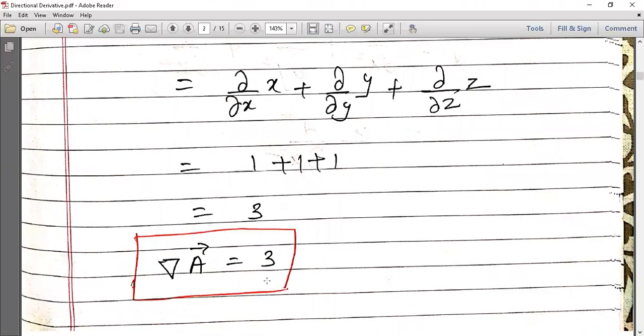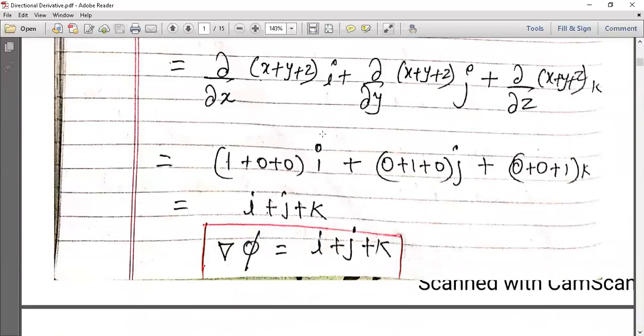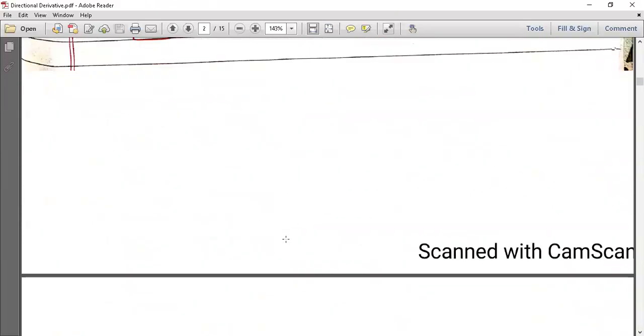Scalar means any function of x, y, z, or a constant, which has no i, j, k or any direction. So there are two conclusions: if we apply the del operator to a scalar, we get a vector, and if we apply it to a vector, we get a scalar quantity.